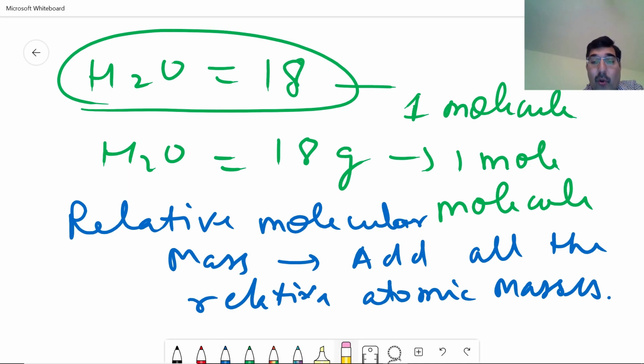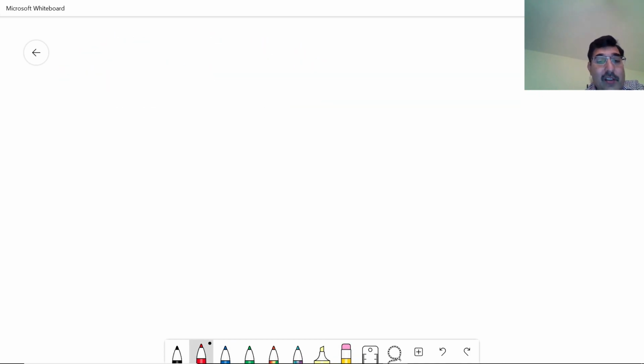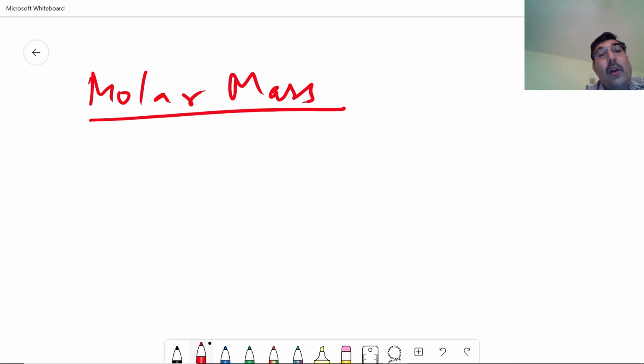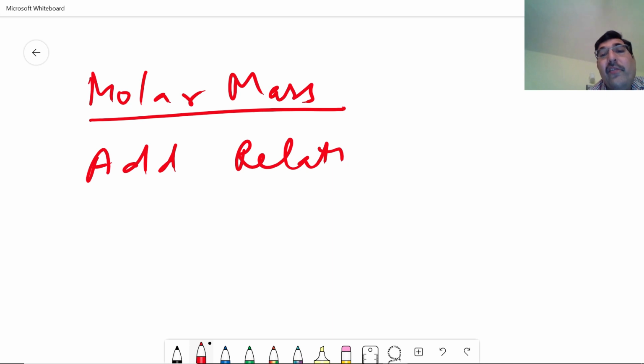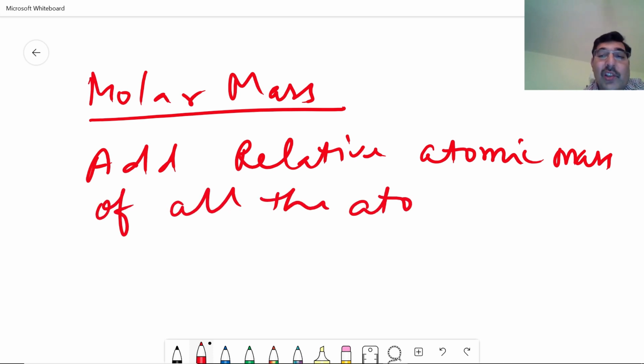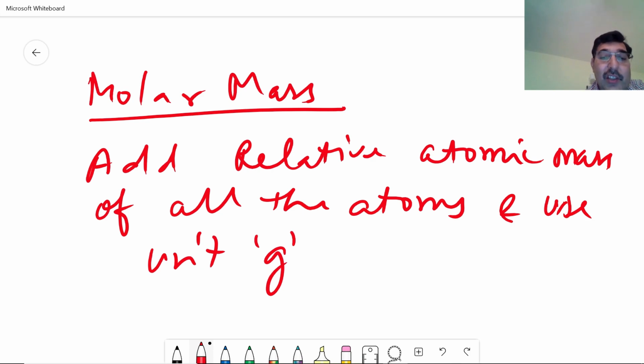How do we calculate molar mass? Similarly, add the relative atomic mass of all the atoms and use the unit G, G for grams.